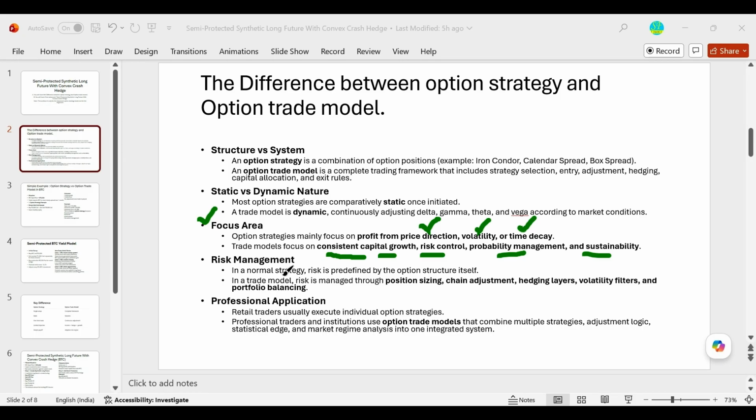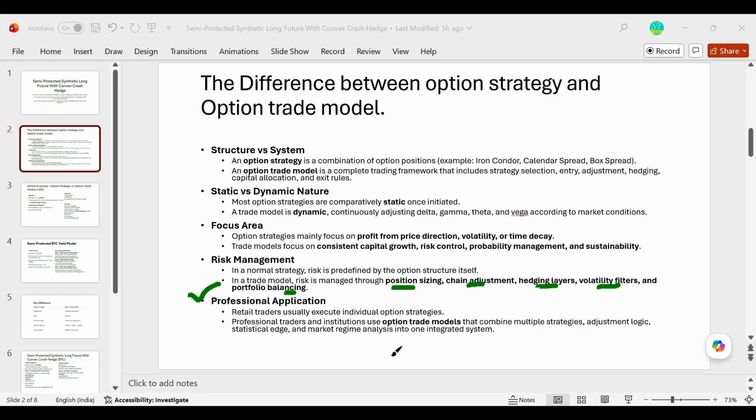Risk management wise, in a normal strategy the risk is predefined and the option structure itself is predefined, so there is not much scope. However, with a model, position sizing, chain adjustment, hedge layering, volatility filtering, and portfolio rebalancing all come into risk management. Third is professional application.